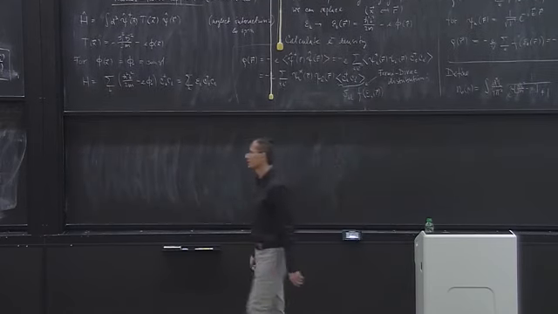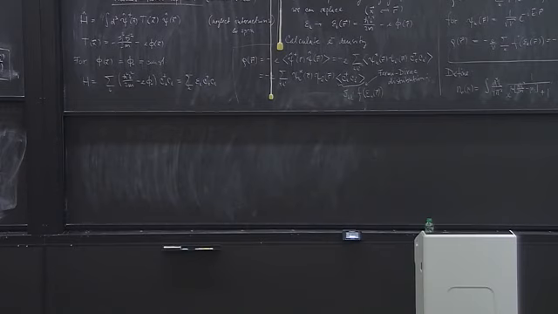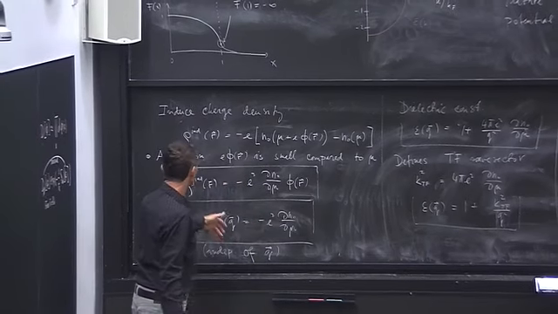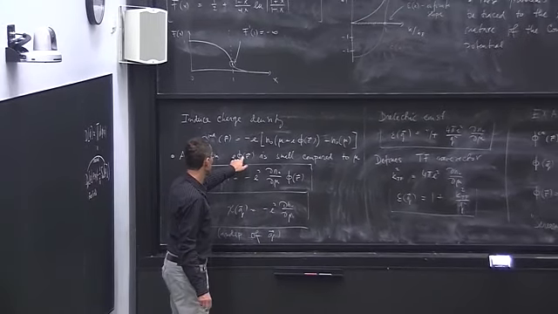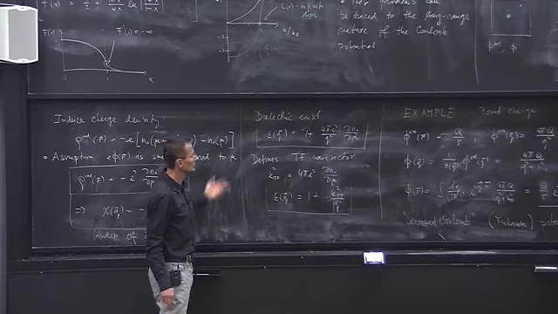So the Thomas-Fermi approximation is valid when this potential varies slowly in space. That's the nature of the semiclassical approximation. In addition, in order to get to this analytic form, we had to assume that this potential is small compared to this mu.